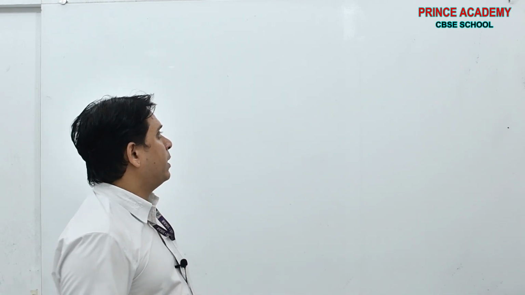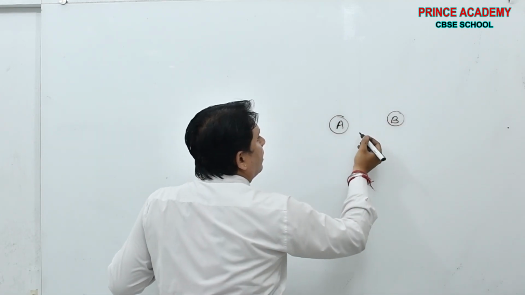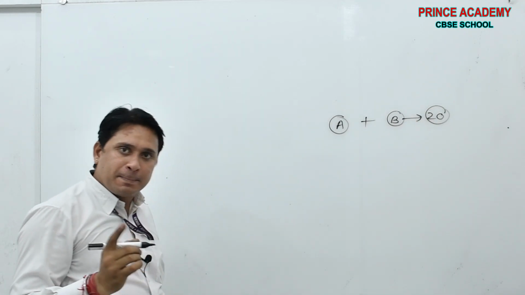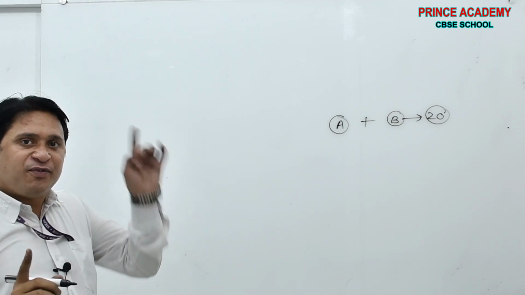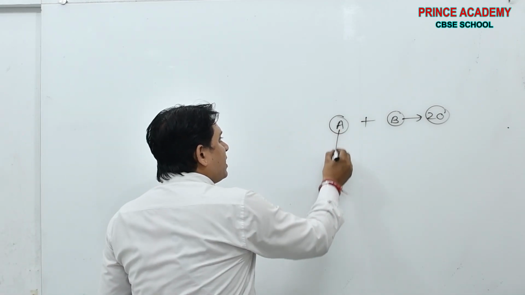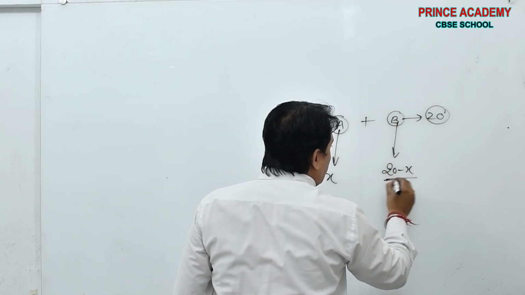Okay. See beta. There is person A and B. They are friends and sum of their ages is 20. Okay. Sum of their present ages is 20. Suppose his age is x, his will be 20 minus x, yes or no?